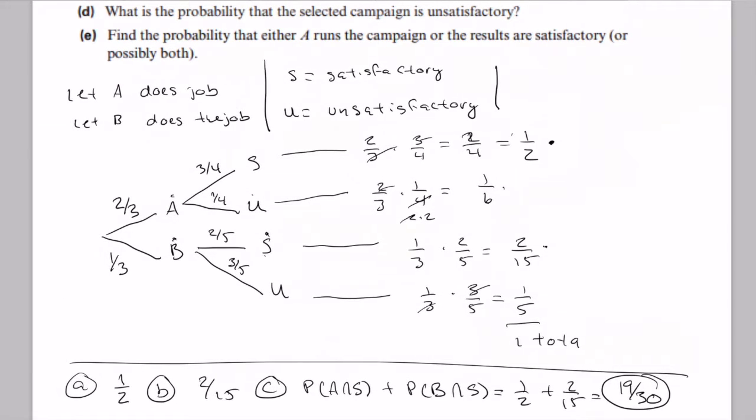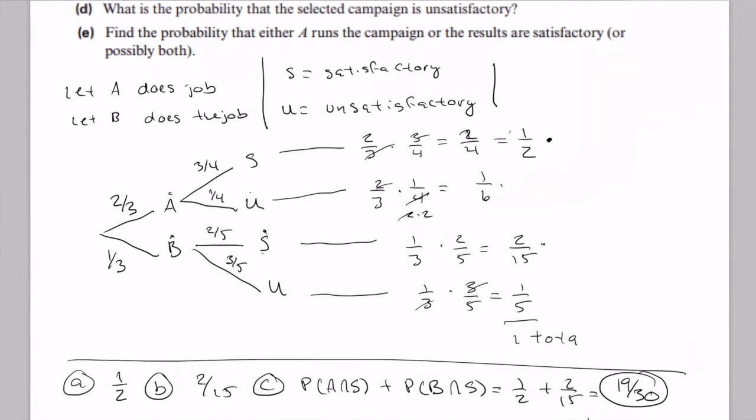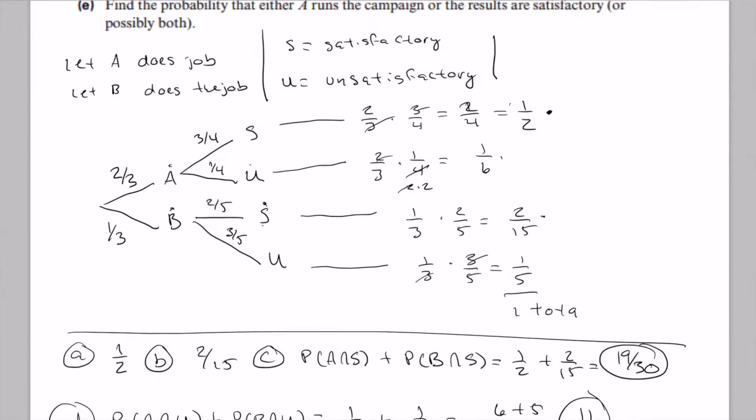Find the probability that either A runs the campaign or the results are satisfactory, or possibly both.